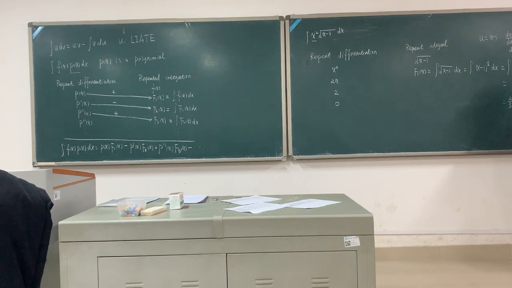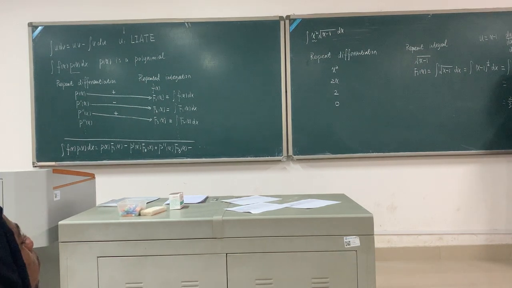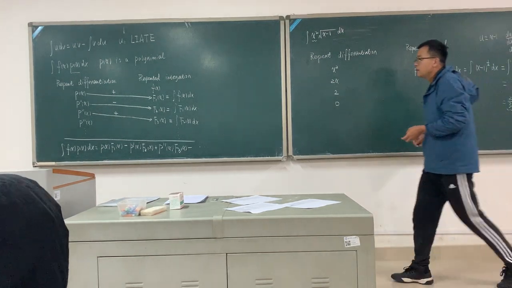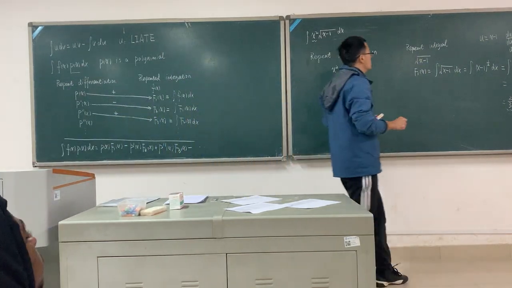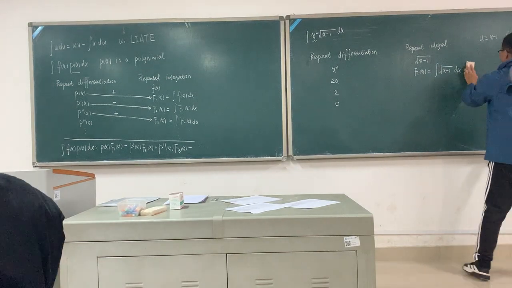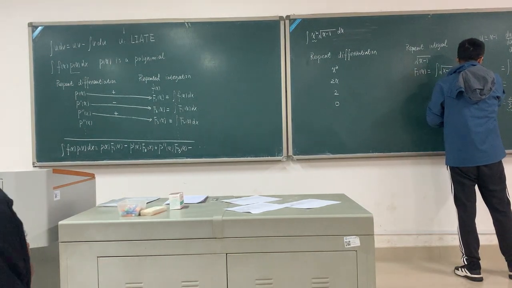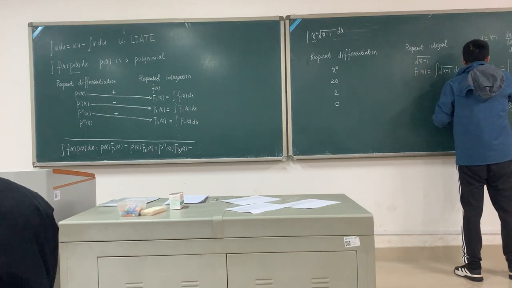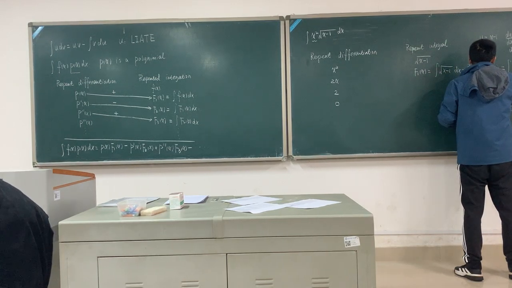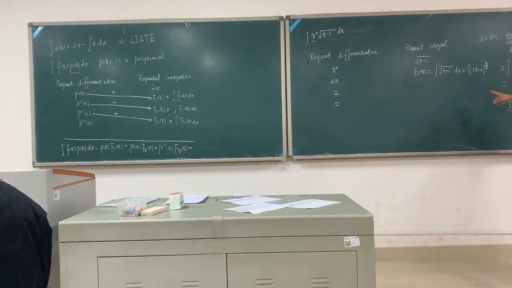So here means F1 equals this. But we just need to find one antiderivative, so we just take this function. So F1 equals 2/3 times (x minus 1) to the 3/2 power.